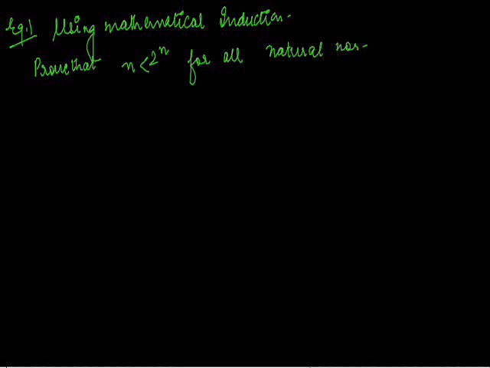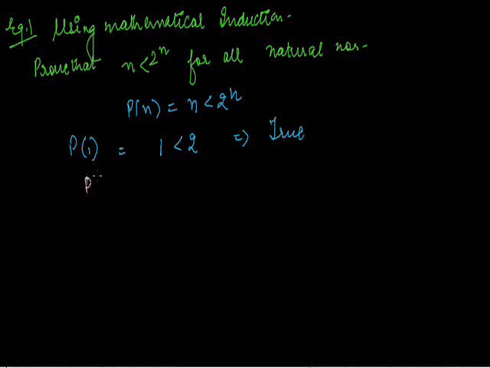The statement Pn is n is less than 2 power n. Let's prove it. Taking P1, that is 1 is less than 2, which is true. Taking P2, that is 2 is less than 2 power 2, that is 4, which is again true.